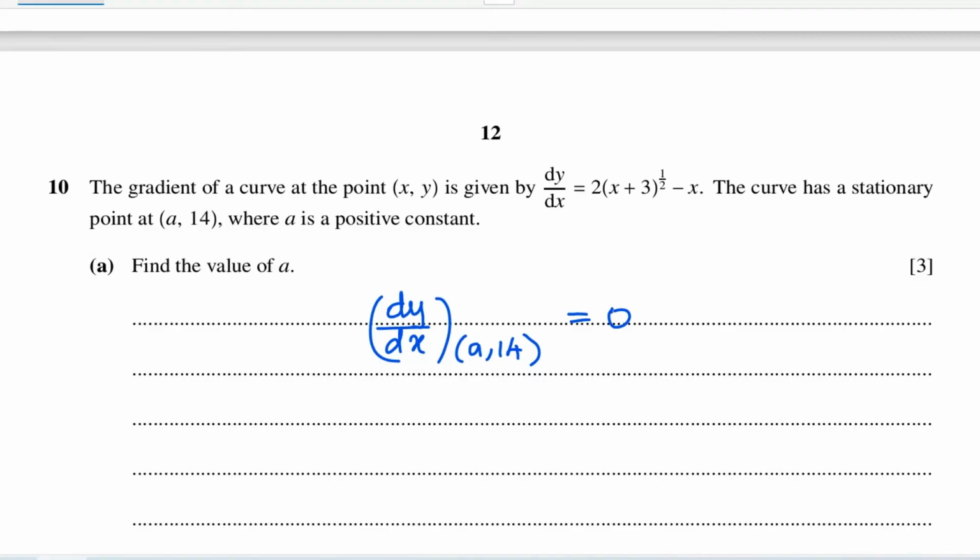So substitute (a, 14) in dy by dx. So you will get 2 multiplied by (a plus 3) to the power 1 over 2, minus a, is equal to 0.